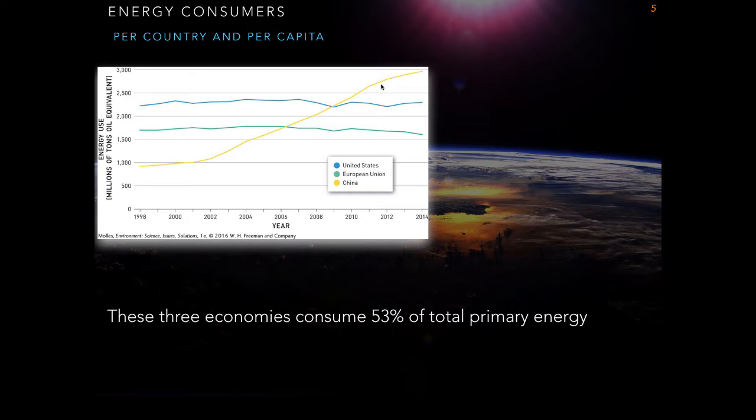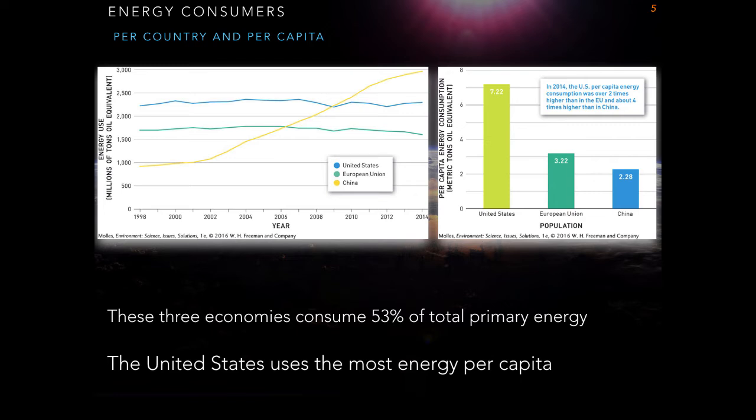And only those three countries or three economies represent about half of the consumption of the energy produced in the world, about 53%. And if we look by people, Americans are the ones consuming the most energy from conventional resources, with about twice as much as people from Europe and almost 3 times as much as from China.